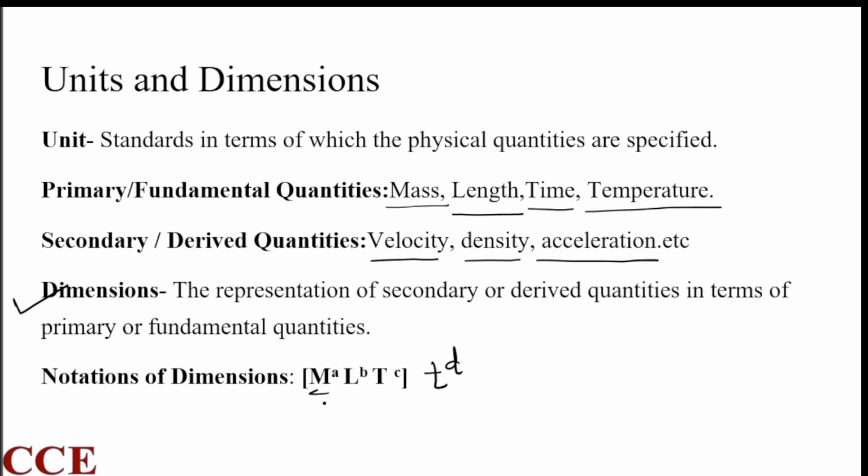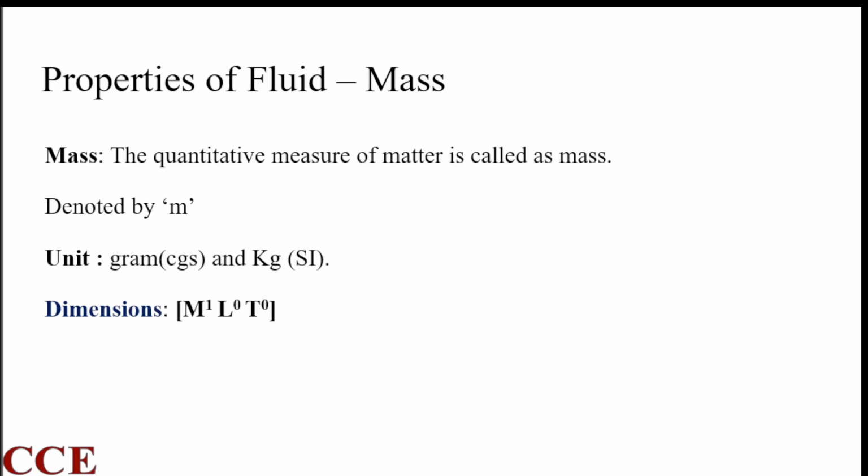So M for mass, L for length, T for time, and small t is for temperature. Mostly we represent the secondary quantities in terms of primary or fundamental quantities by using the term dimensioning.